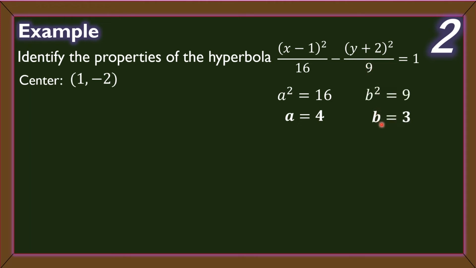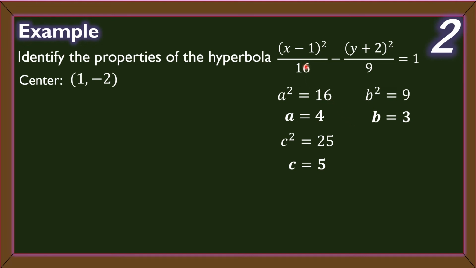Then b is equal to 3, getting the square root of both sides. c squared is the sum of a squared and b squared. So we have c squared is equal to 16 plus 9, 25. Getting the square root of both sides, c is equal to 5. And then from here, we will identify the properties of the hyperbola.